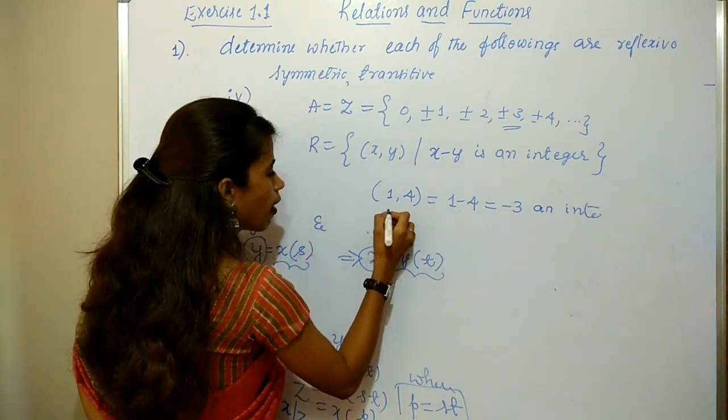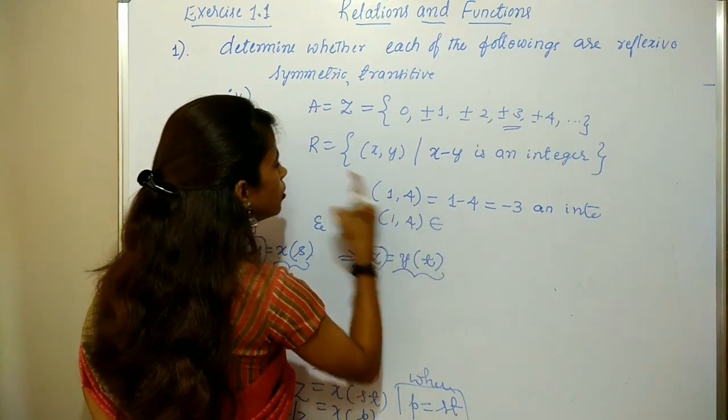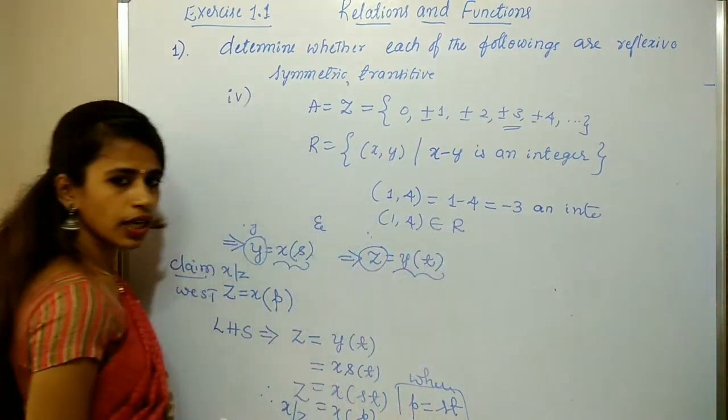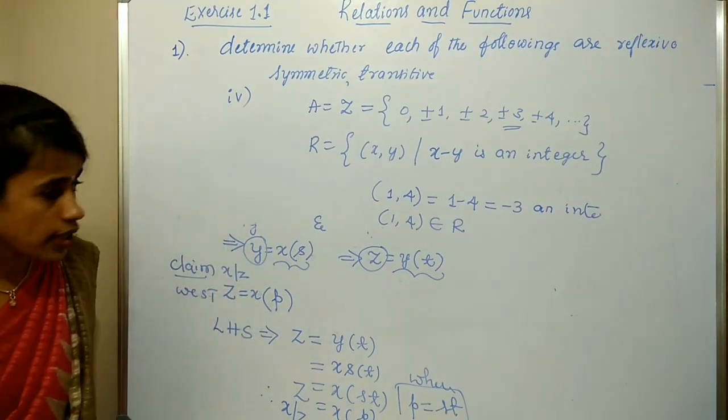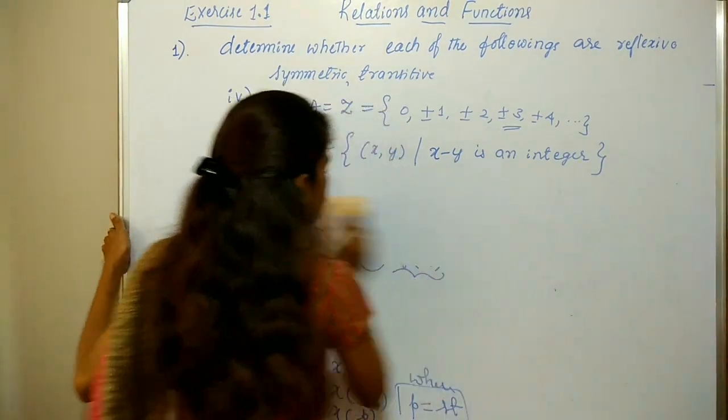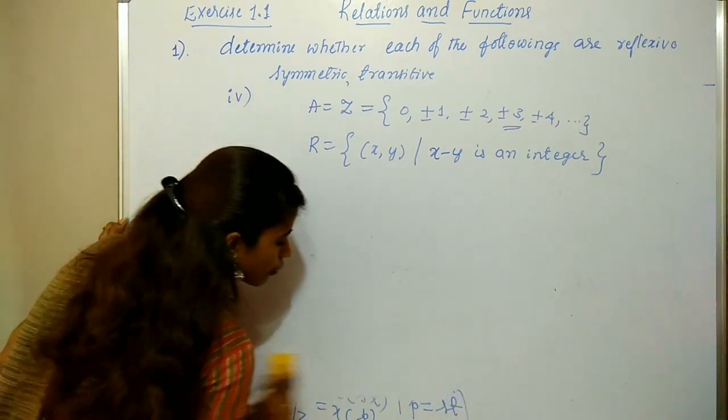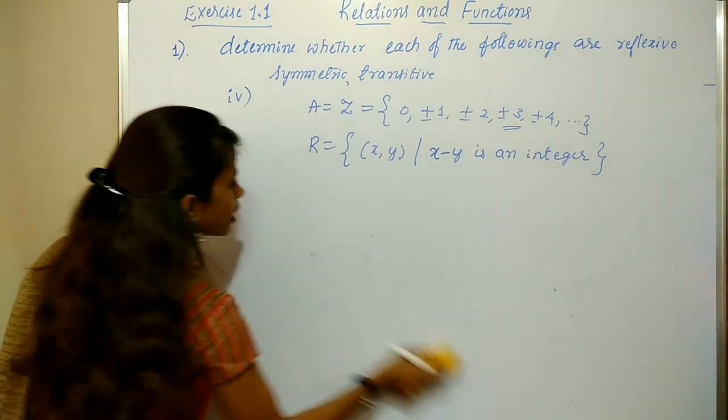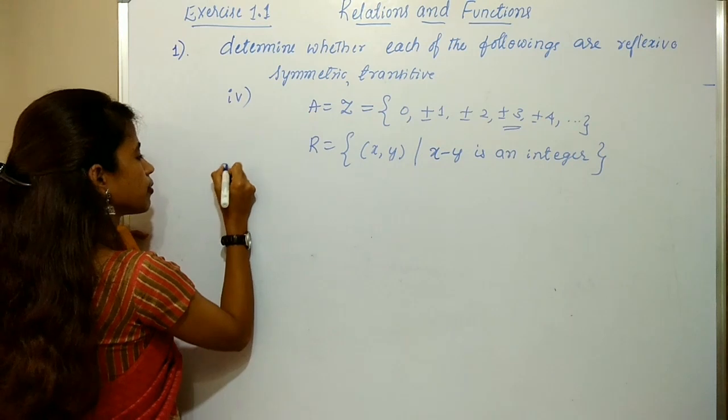So this ordered pair belongs to the relation R. Is it okay? So now let us solve this problem to check for reflexivity, symmetry and transitivity. So first, reflexive.